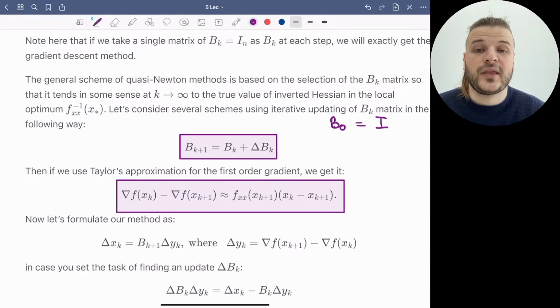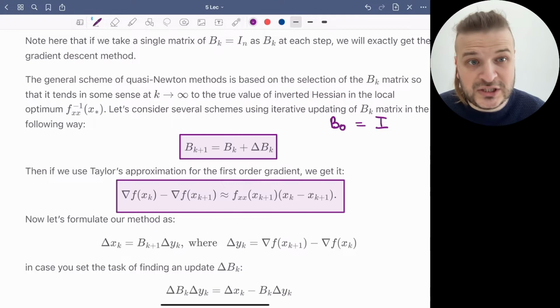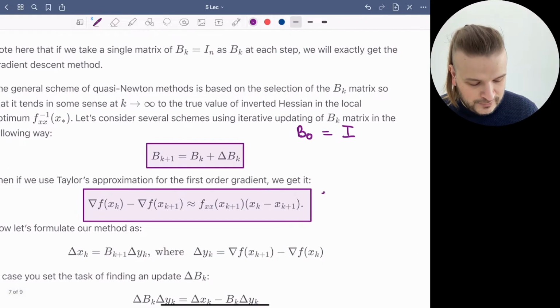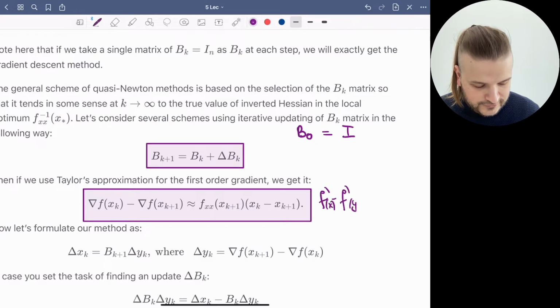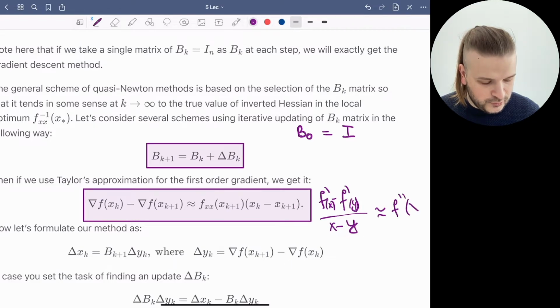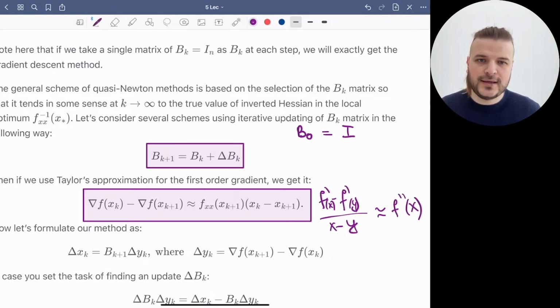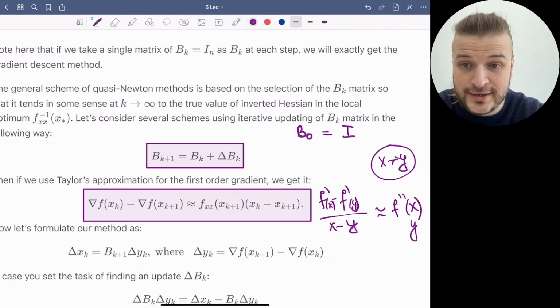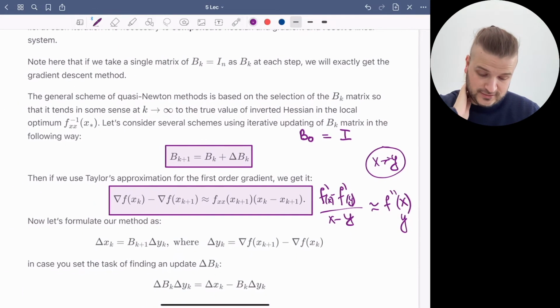It means that the difference of the gradients between iterations should be somehow related to the Hessian and the difference of the vectors themselves. So in the scalar case, the derivative of f at x minus the derivative of f at y, divided by x minus y, should be close to the second derivative of f at y, when x is close to y.